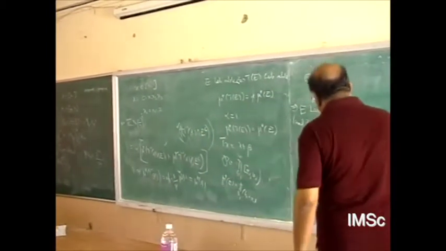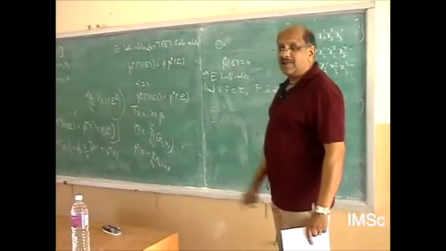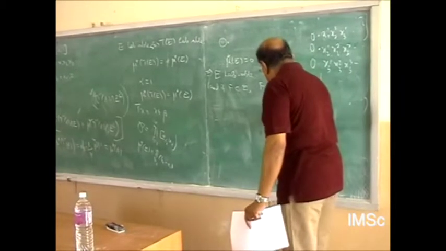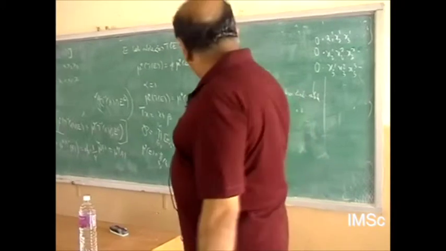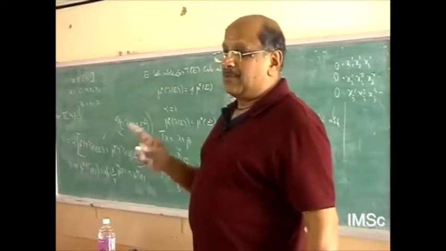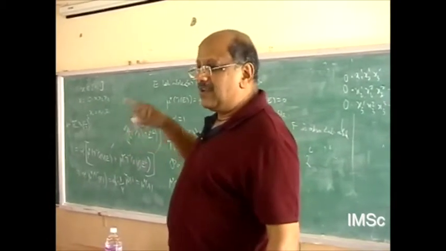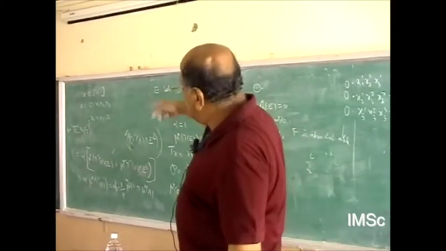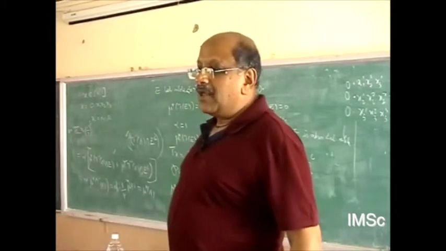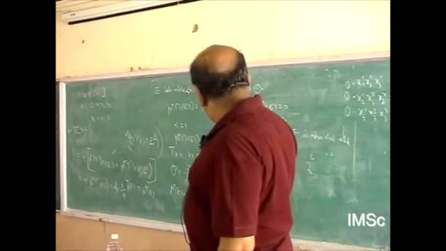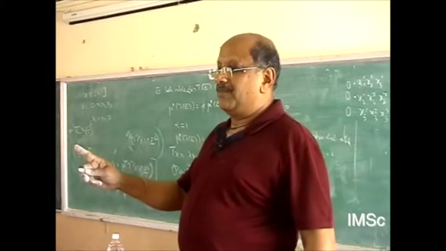So how many sets are there? What is the cardinality of the power set of the uncountable set? It is called 2 power c. This is the next higher cardinal. So the number of Lebesgue measurable sets is at least 2 power c. And in fact, it is equal to 2 power c, because the cardinality of the real line is also c. And one can show that the Borel measurable sets have cardinality at most c.